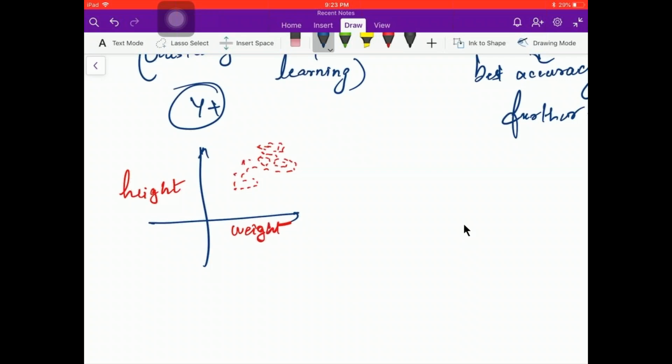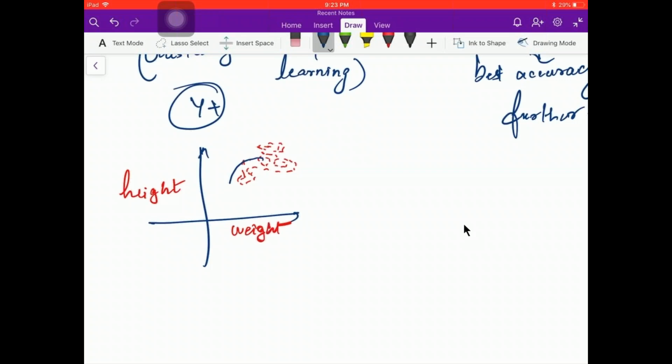So you do clustering and you come up with groups. Now you know that this group is male and this is female. But there are many cases where you don't know what you're trying to find.